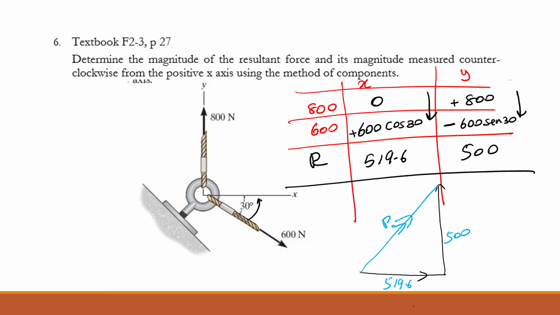So you can find the resultant. Resultant is equal to the square root of 519.6 squared plus 500 squared. So we can find that.